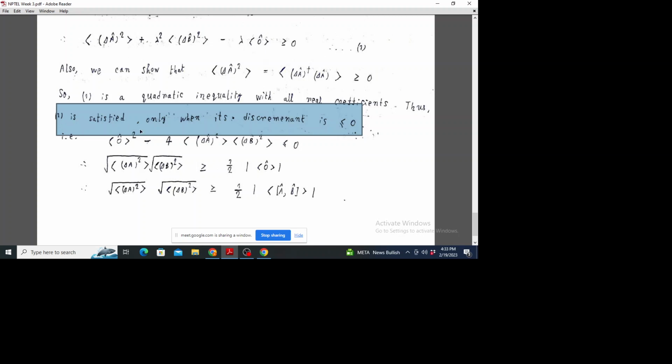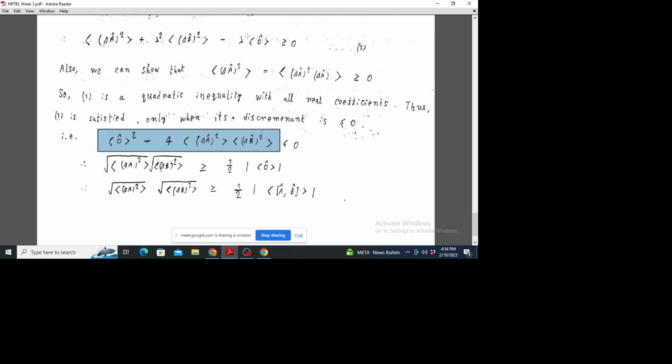Now the only thing we need is to demand that the discriminant has to be less than or equal to 0 if inequality 1 is to hold, and the discriminant will be this one. If it is a lambda square minus b lambda plus c, then the discriminant is b square minus 4ac.